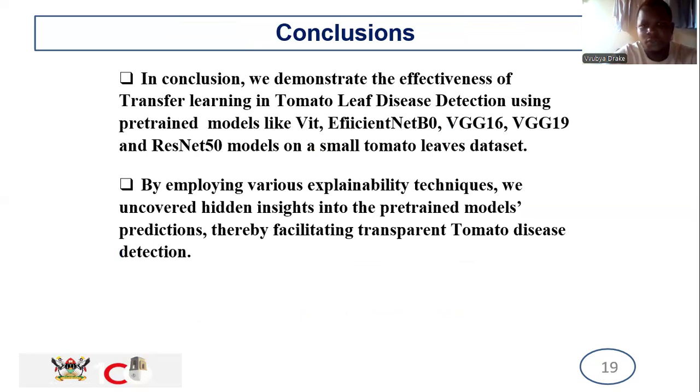So in conclusion, we've demonstrated the effectiveness of transfer learning in tomato leaf disease detection using pre-trained models like Vision Transformer, EfficientNet, VGG16, VGG19, and ResNet models on a small data set. Then we employed explainability techniques, uncovering hidden insights into the pre-trained models' predictions, thereby fostering transparency in tomato leaf disease detection.